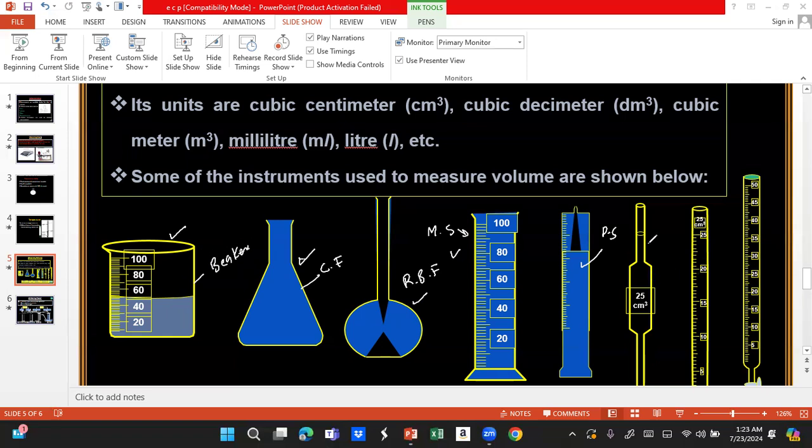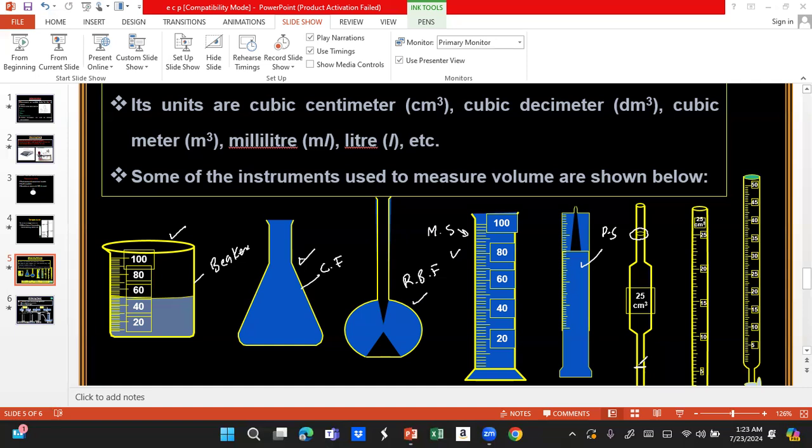Now this is a pipette. A pipette has a volume mark. This is very important. In the paper, normally it is inverted like this, and this line has been shown. The question will be, what is the error? We will say the volume mark has been placed wrongly.